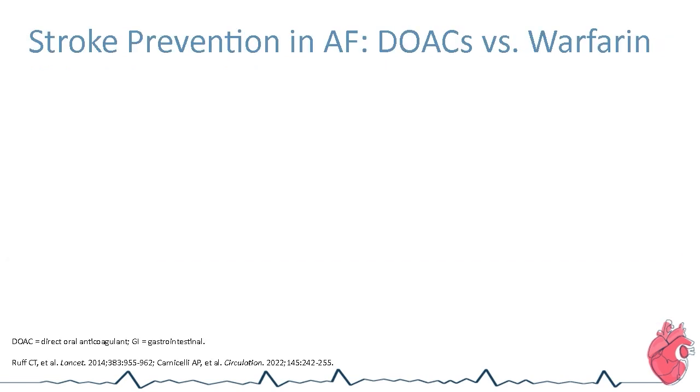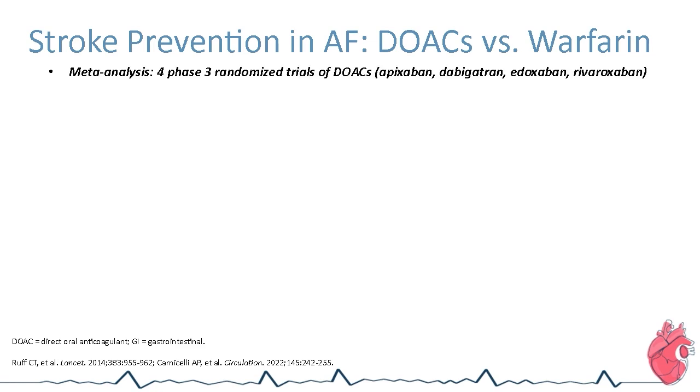So when we talk about stroke prevention in atrial fibrillation, we're really talking about anticoagulation. And as I mentioned, we have two broad options, the DOACs, which are the factor 10a or 2a inhibitors, or warfarin. And we know from seminal phase 3 clinical trials studying the DOACs versus warfarin that DOACs are really the superior strategy.